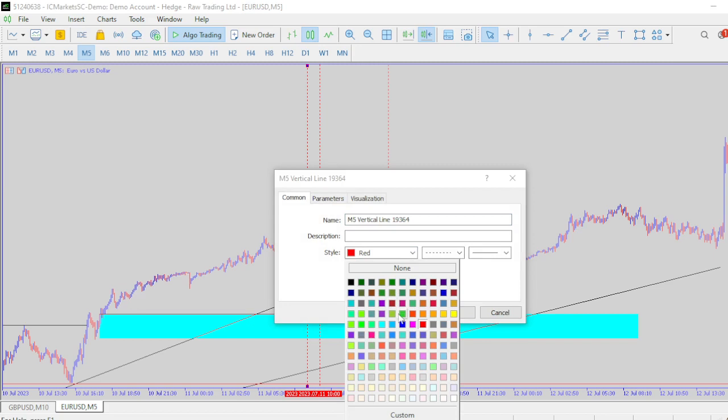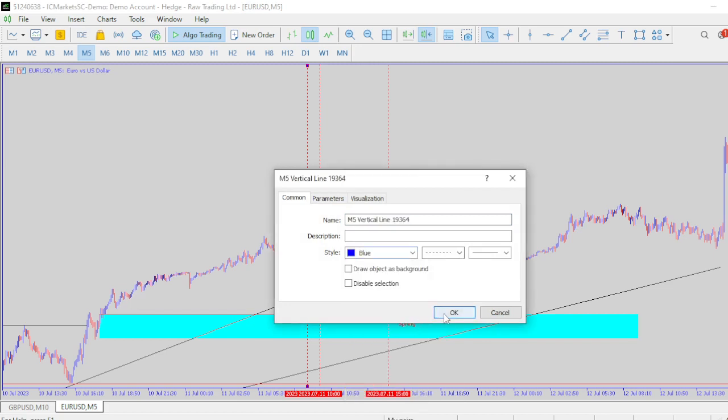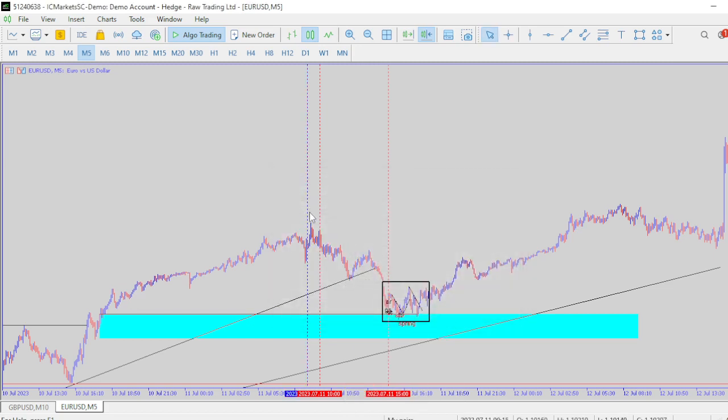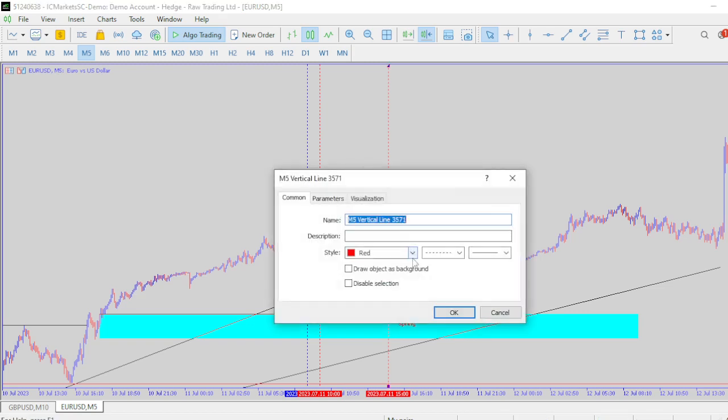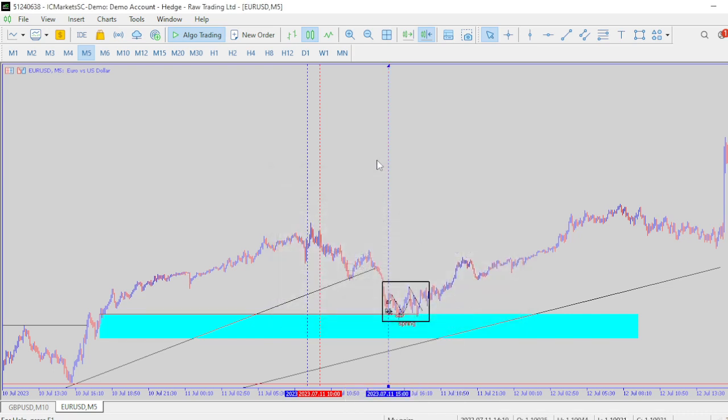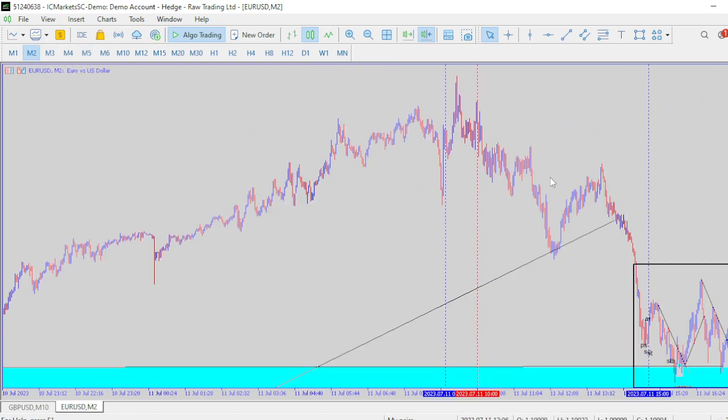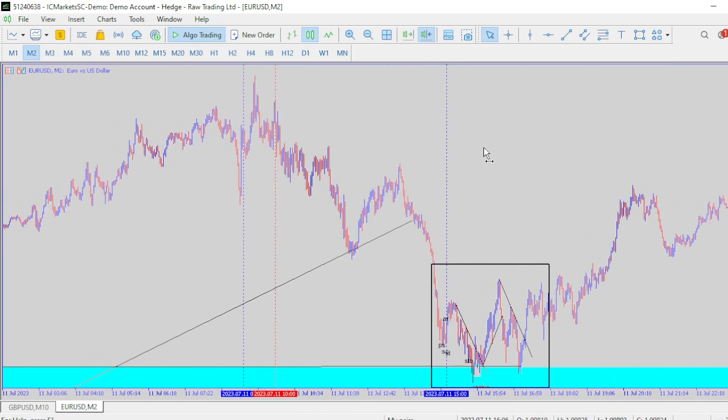After taking into consideration the structure, when I am looking for my trades, time and price is very, very crucial. I want to see liquidity plays left, right, and center. You see, Frankfurt open.